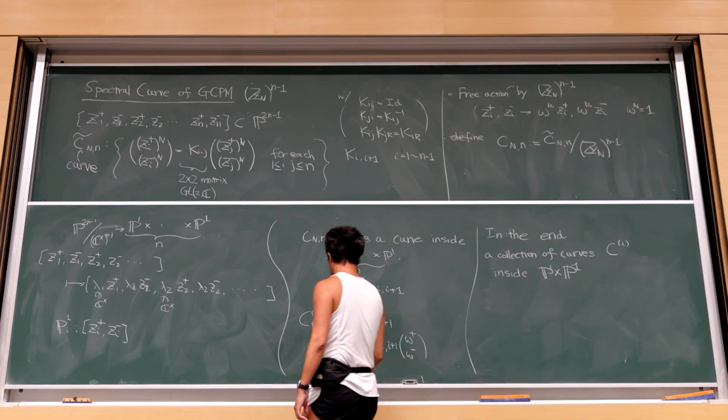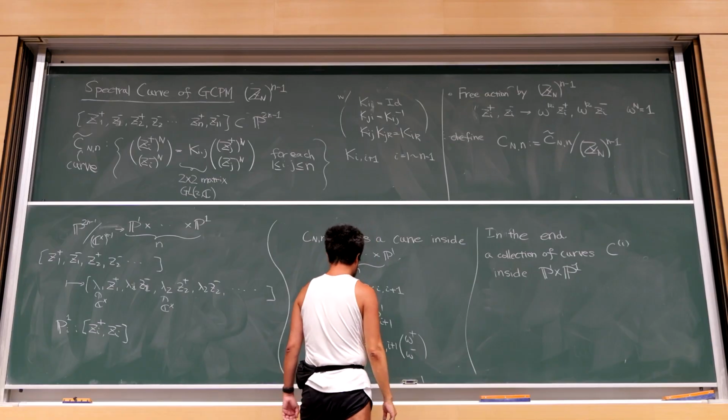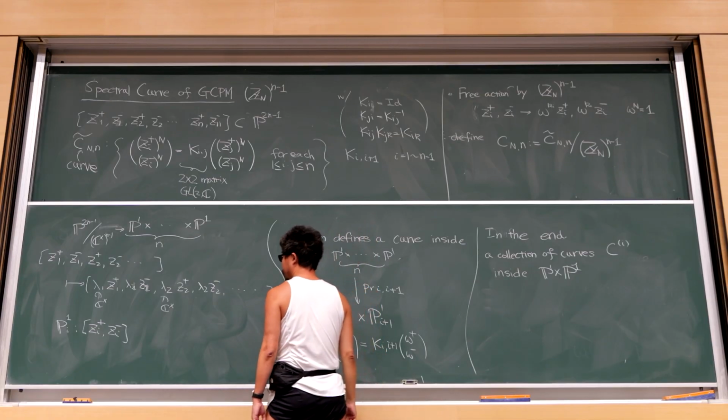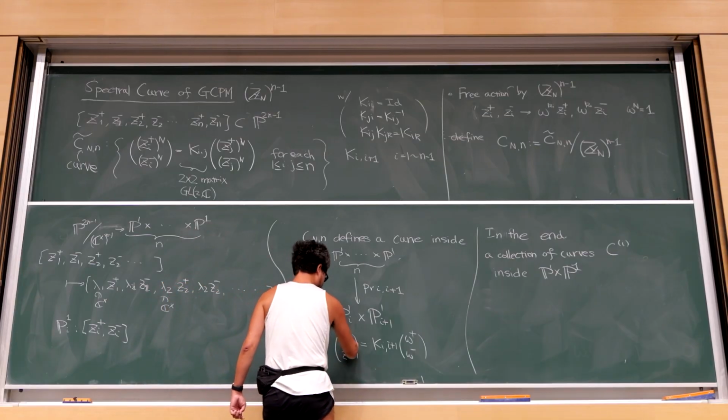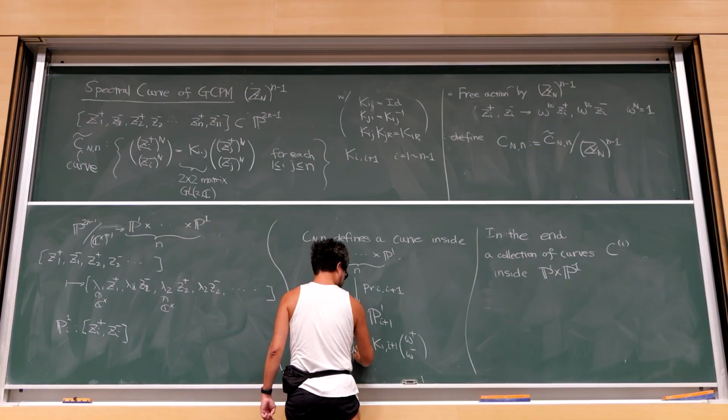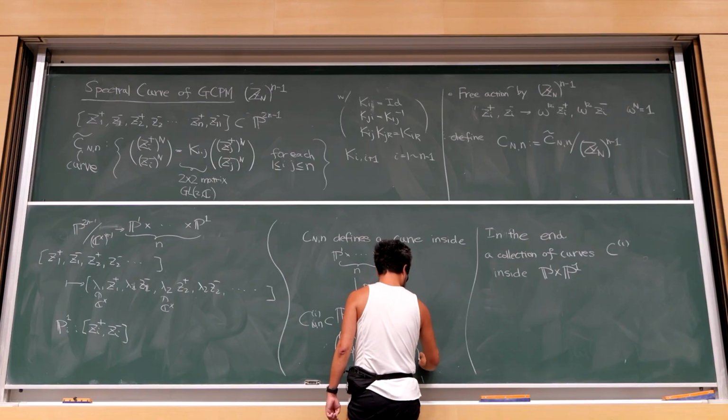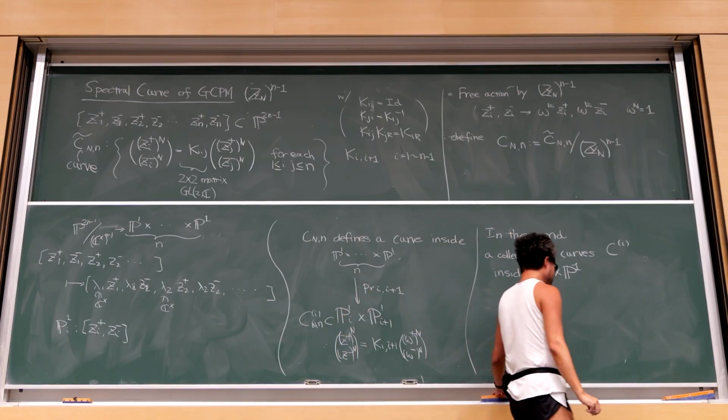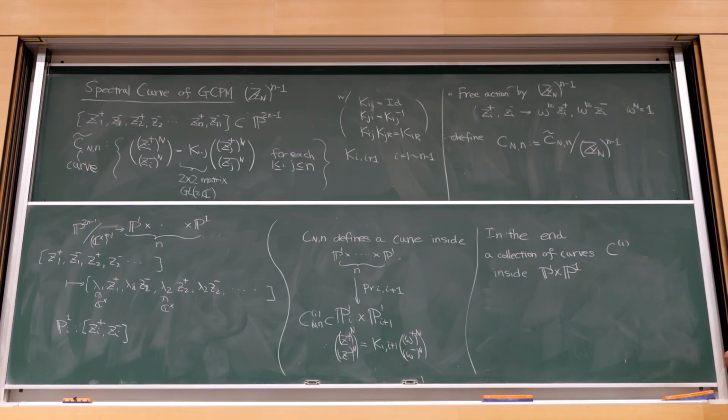Sorry, I think I should have the n here still. So I have a collection of curves inside P1 times P1.